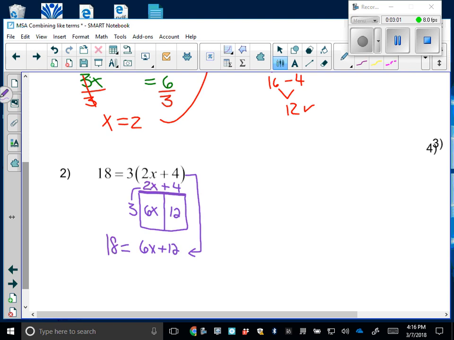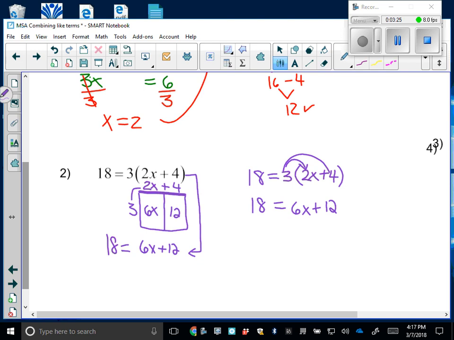In other words, when you see 18 is equal to 3 times 2x plus 4, this gets multiplied in to give you the 6x, and then you multiply it in to get the 12.